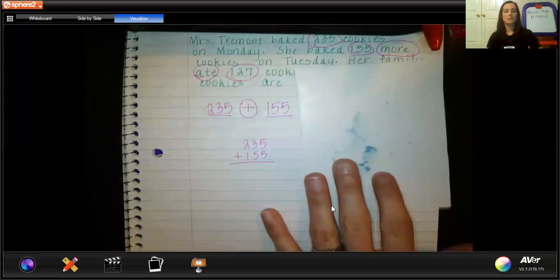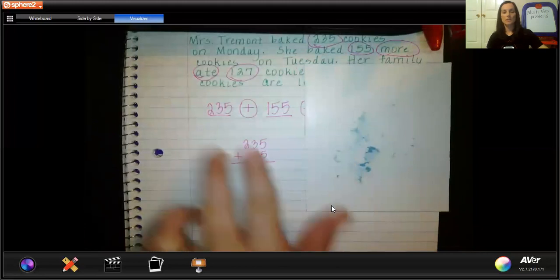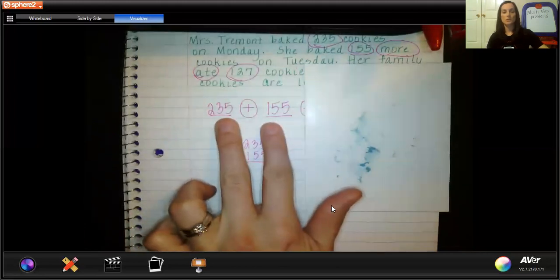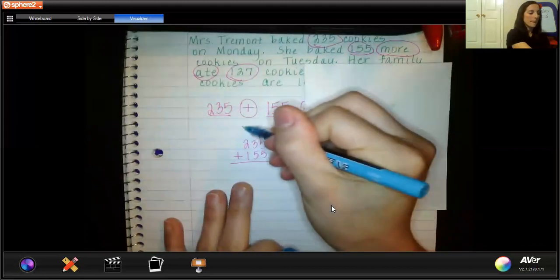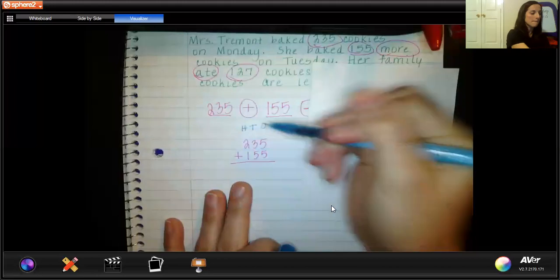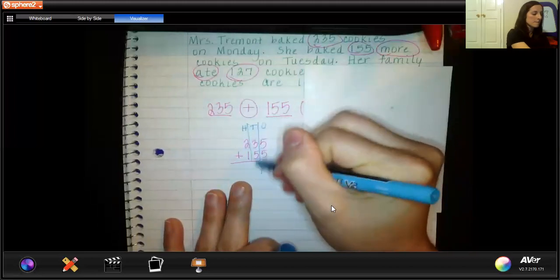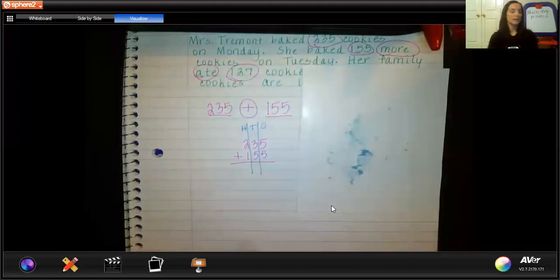So here is my algorithm showing these two numbers. Again, if you want to turn your paper to the side so you can line up your numbers, that is perfectly fine, whatever helps you, okay? So you could have it looking like that, or you can turn it to the side.